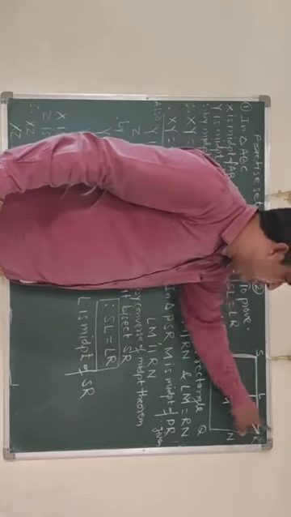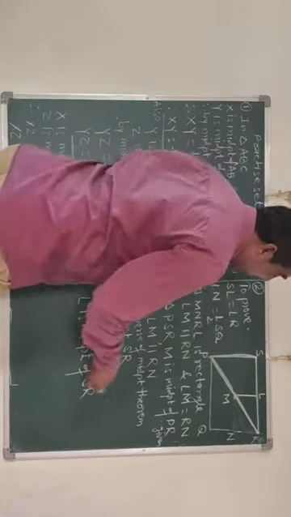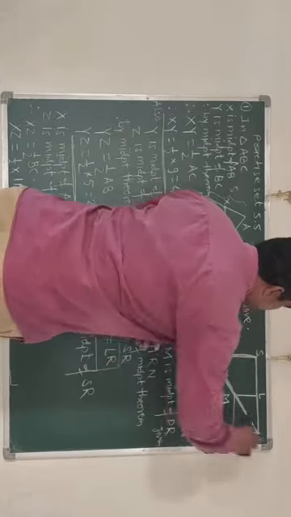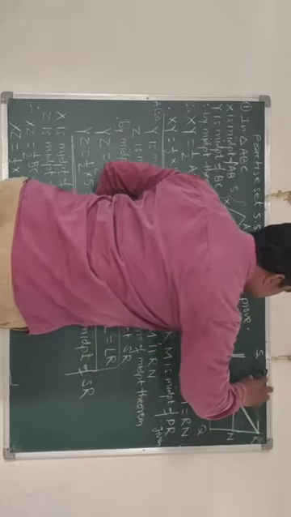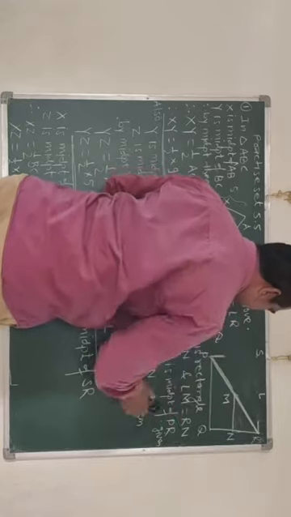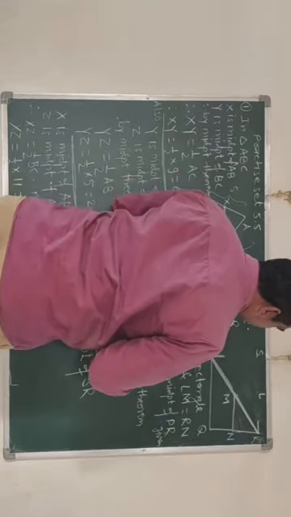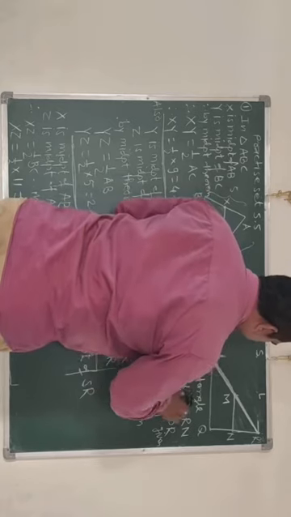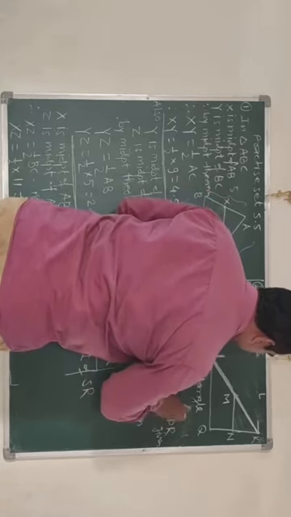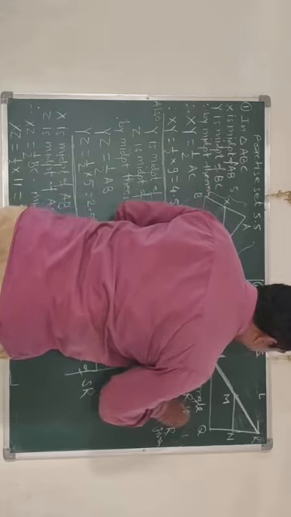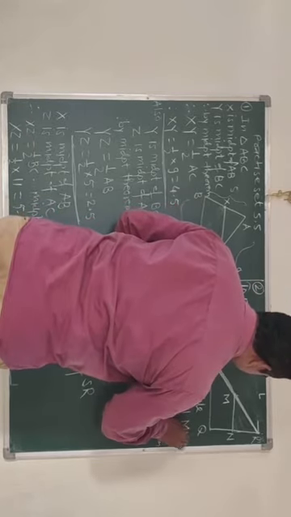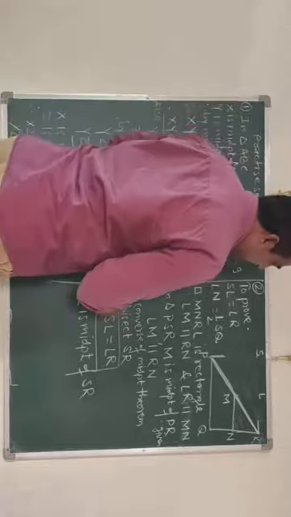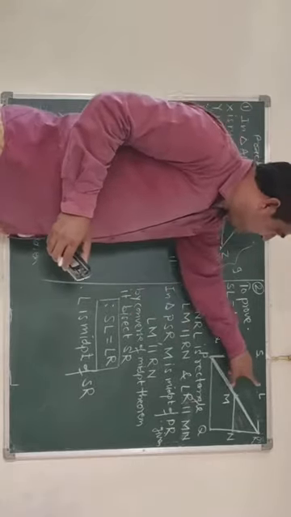In the same way, if we consider this portion, LM parallel RN, and here LR parallel MN. Both pairs of opposite sides are parallel.